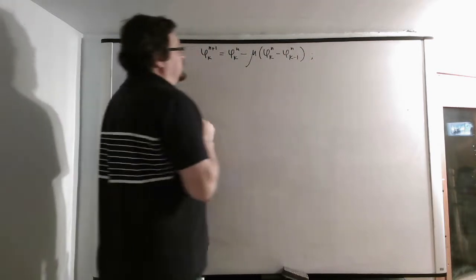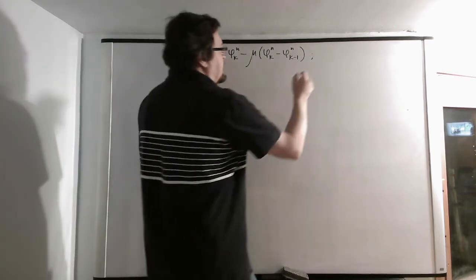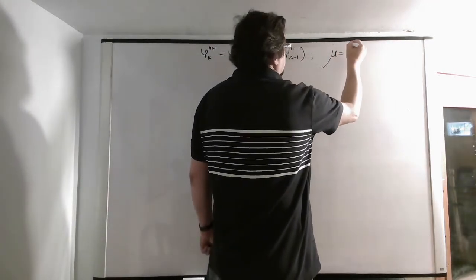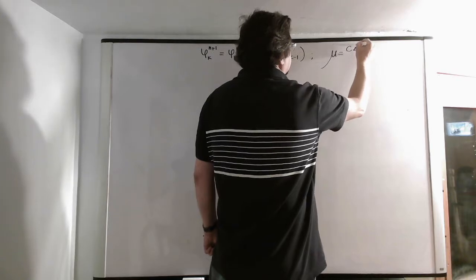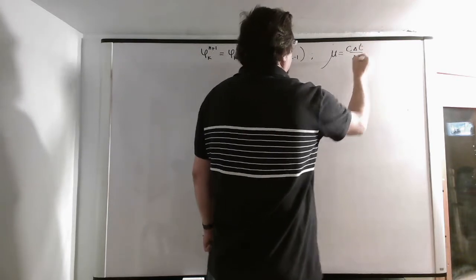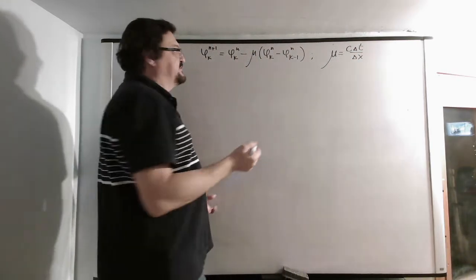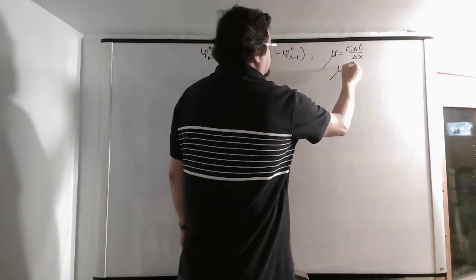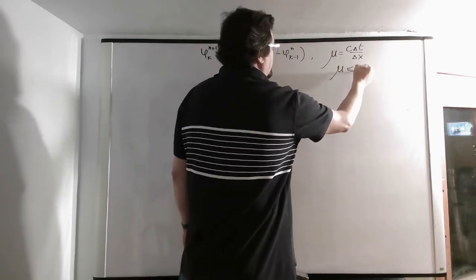It looks like that, where mu is our Courant number, C delta t divided by delta x. And we remember that the stability criterion for the scheme is that mu should be smaller or equal than 1.